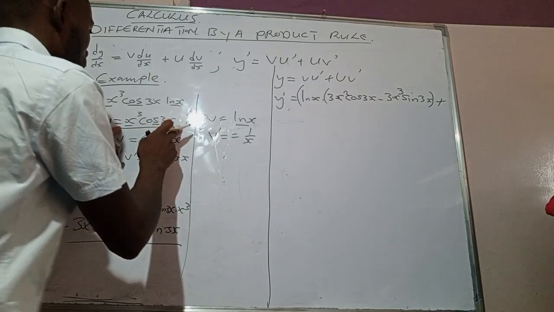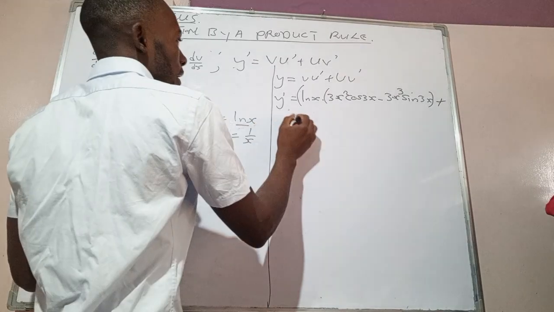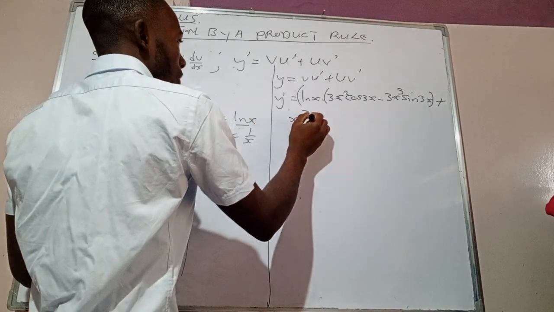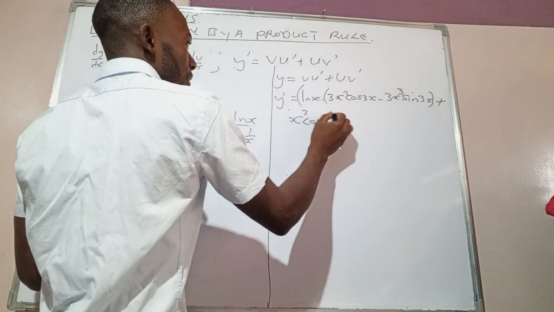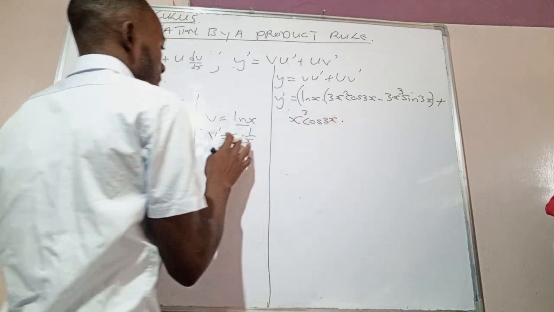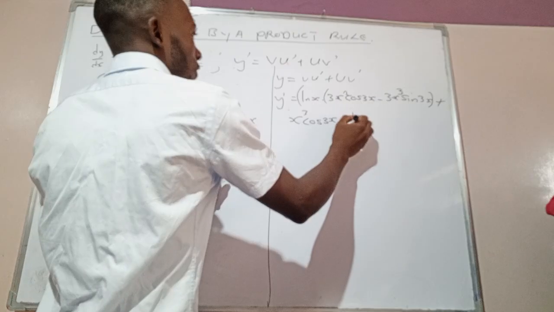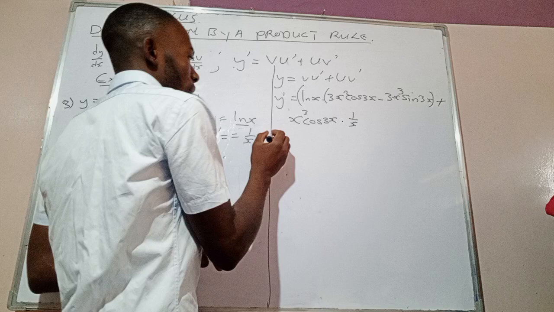Our u is this one, which is x to the power 3 cos 3x, multiplied by 1 over x.